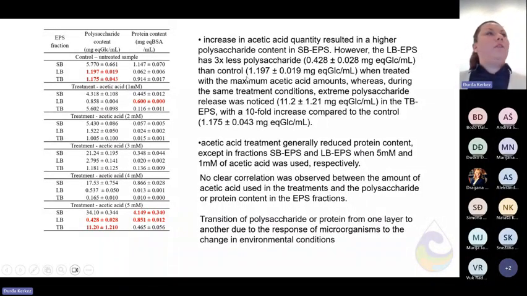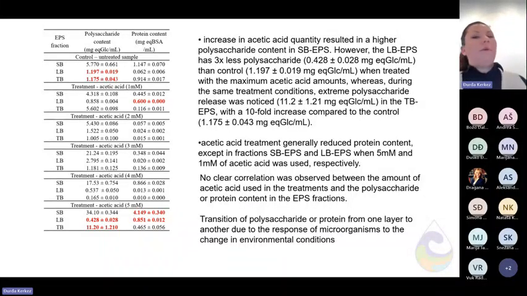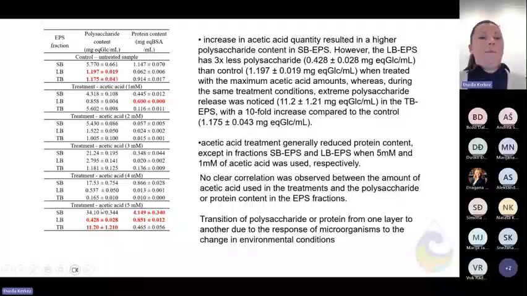We can say that an increase in acetic acid quantity resulted in higher polysaccharide content in soluble bound EPS. However, the loosely bound EPS has 3 times less polysaccharide when treated with the maximum acetic acid, whereas during the same treatment condition, extreme polysaccharide release was noticed in the tightly bound EPS.